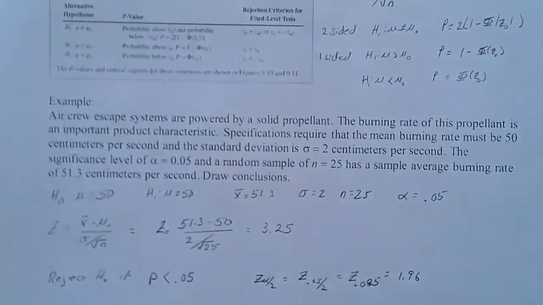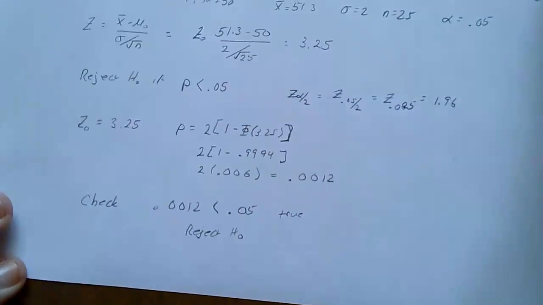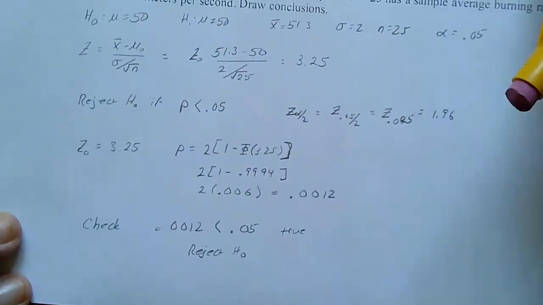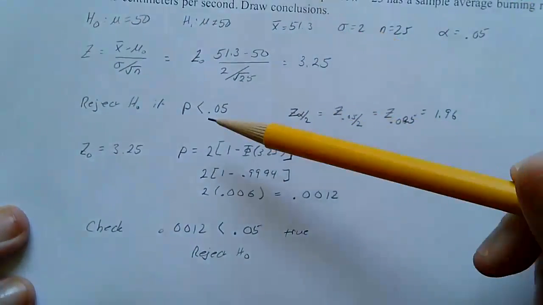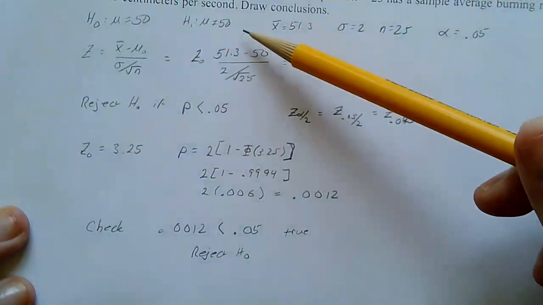So now we're going to check. 0.0012 is less than 0.05. That's true, which means we are going to reject the null hypothesis. So let me move this up since I've been writing off your screen and just go through it briefly. We know we're given 50. Alternative hypothesis is not 50.